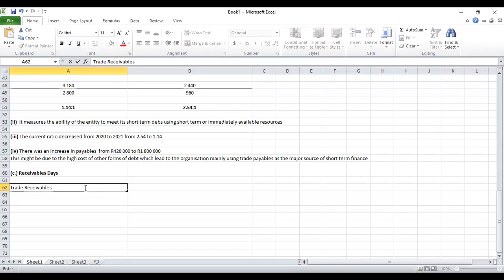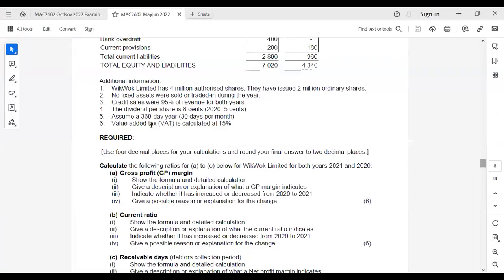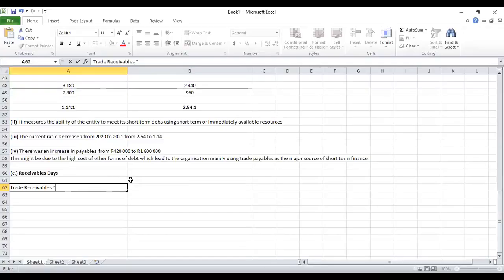So you should check your question. If they don't give you a guideline, you use 365. But in this case, they told us that we should use 360. So we use 360. Please always check first before you apply your formulas. So multiply by 360 over credit sales.